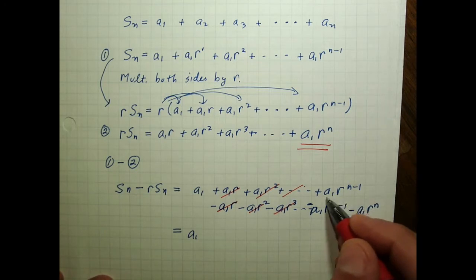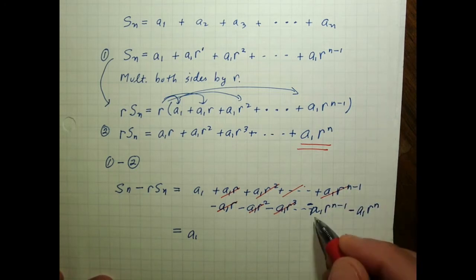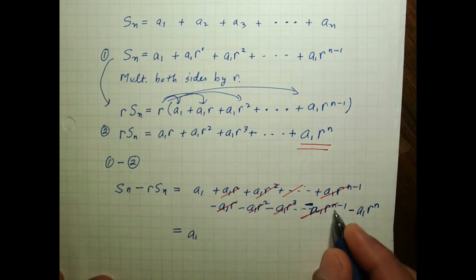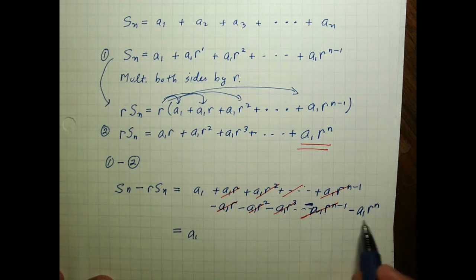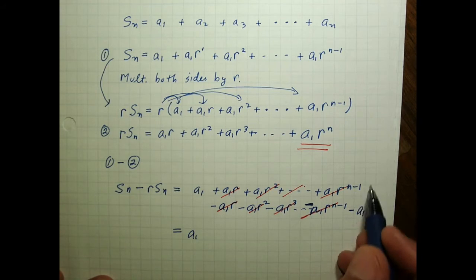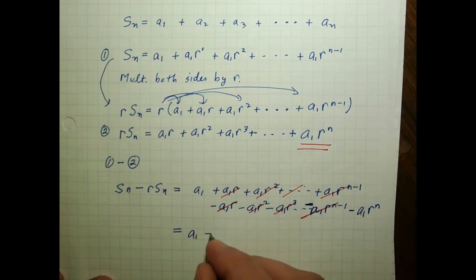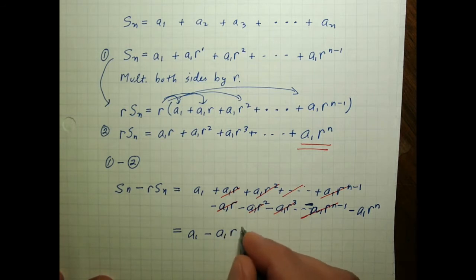Down the line, a1r to the n minus 1 is going to cancel out with a minus a1r to the n minus 1. But then this one term is going to be hanging out on the right, because I have the same number of terms in each line, so there's one extra one here, minus a1r to the n. That's all that I'm left with.